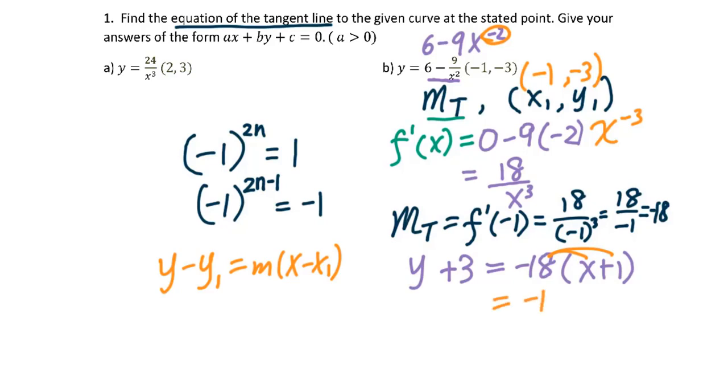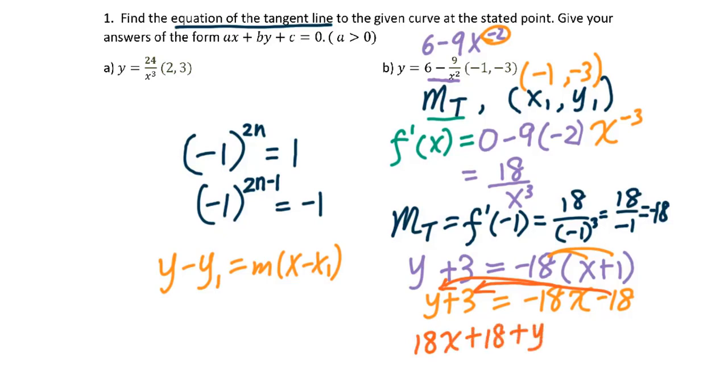You will get negative 18x minus 18. Still, you need to move everything to the left side so that the coefficient for x is positive. That is 18x plus 18 plus y plus 3 equal to 0. Then you organize, and you will get 18x plus y plus 21 equal to 0.